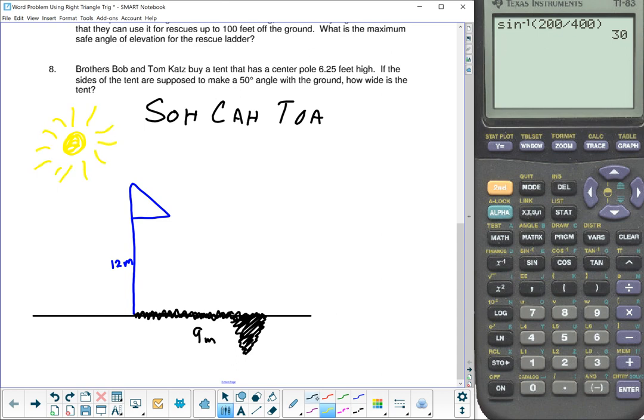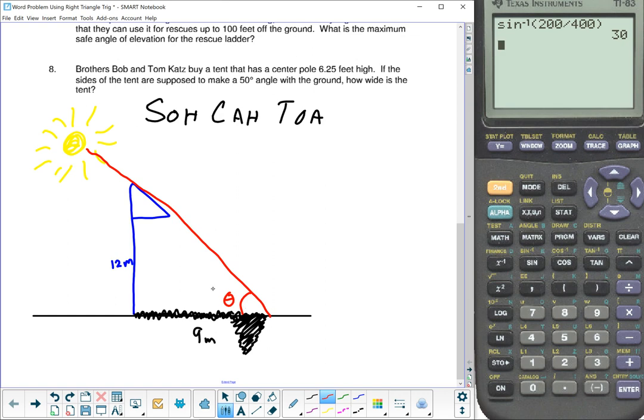When the sun shines, the light comes from the sun and hits this, and it ends up right there. When you're looking up towards the sun, this is your angle of elevation.